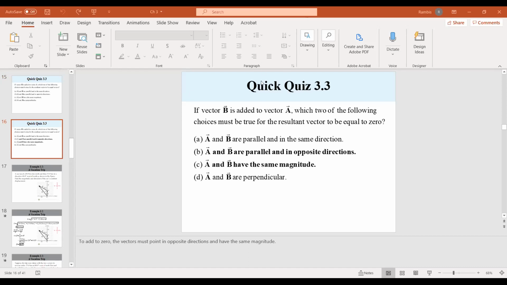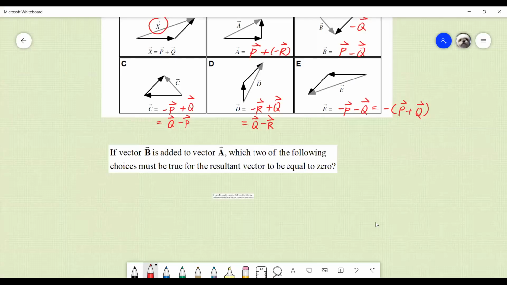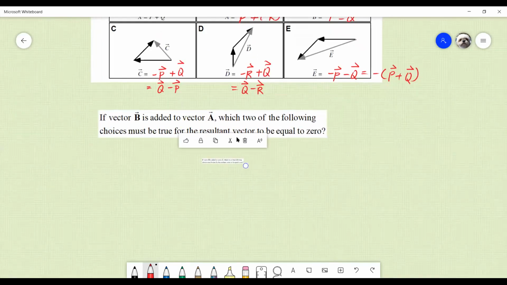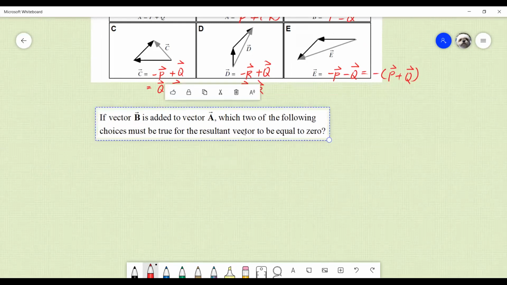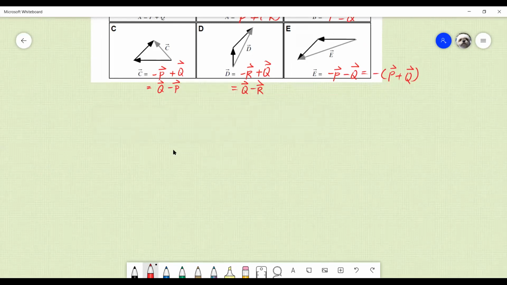All right, now I am going to go back to my whiteboard. Now, a lot of the time we have this problem in 3 dimensions. Now, 3 dimensions will be much more complicated.